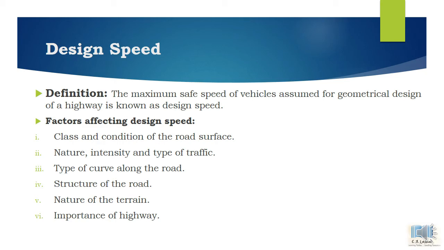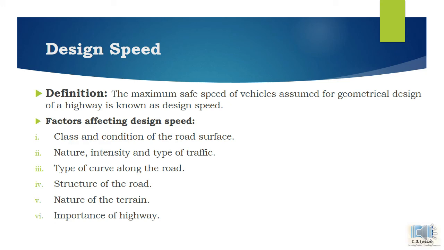First is class and condition of the road surface. What is the class of road? It may be first class, second class or third class road, and also the condition of the road surface. This is the main factor which affects the design speed.